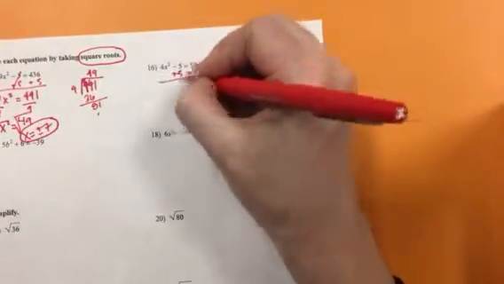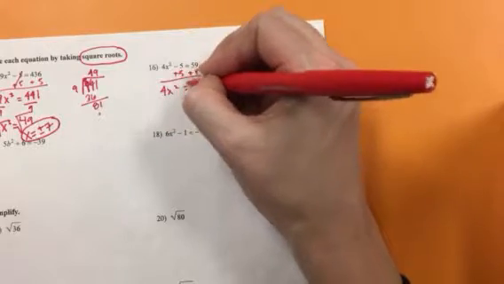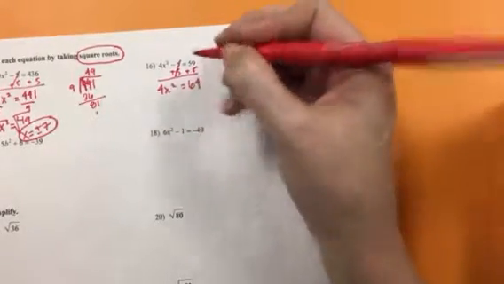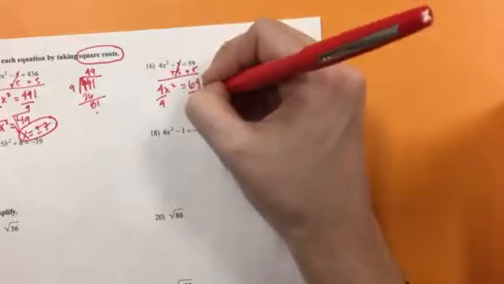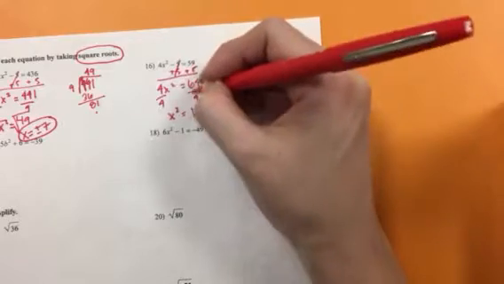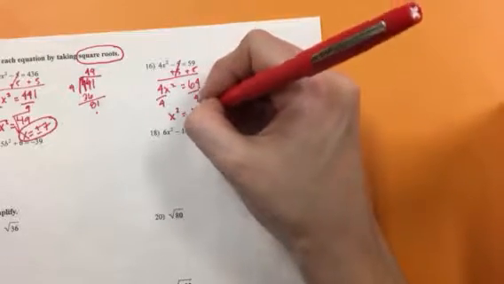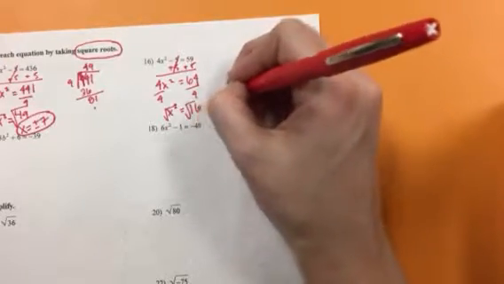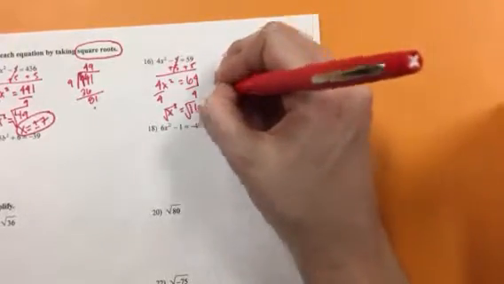Add 5. 4x squared equals 64. Divide by 4. x squared is equal to 16, square root, x equals plus or minus 4.